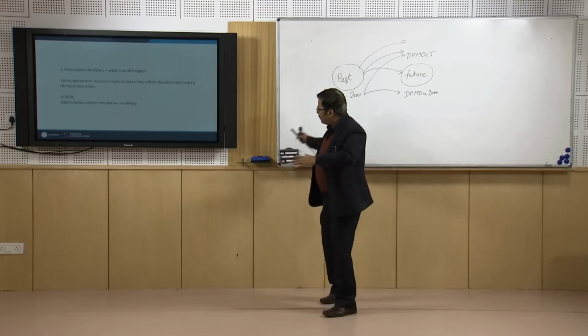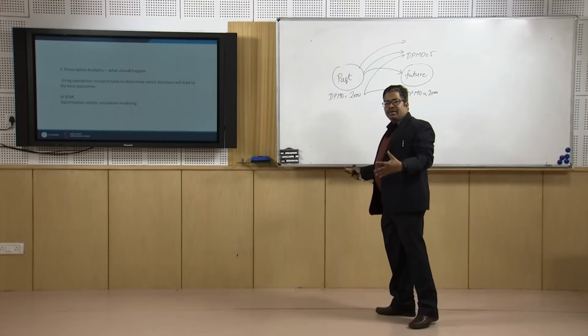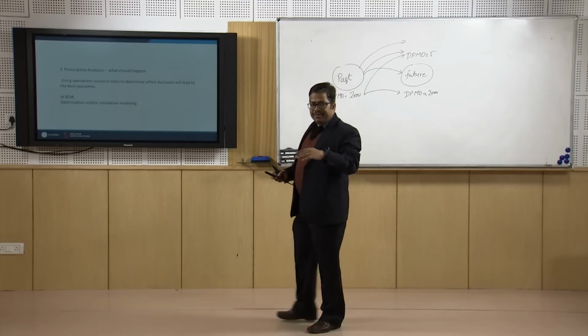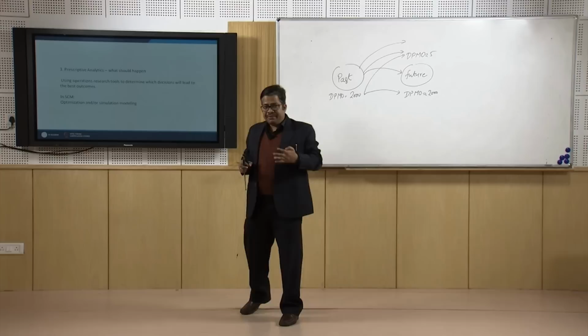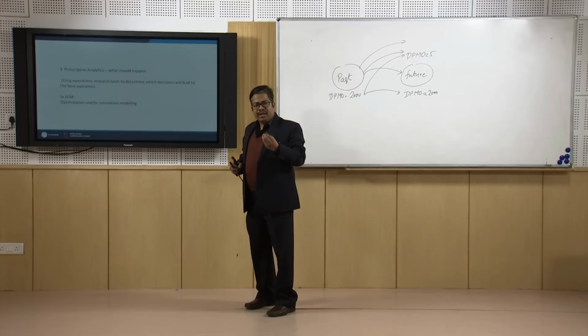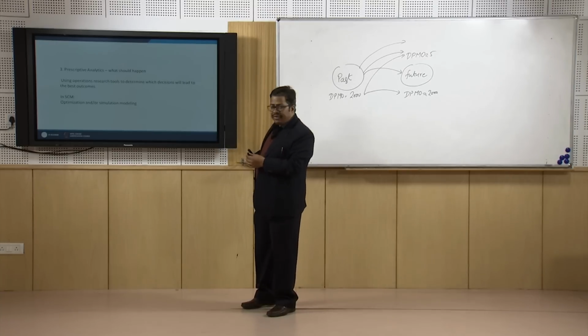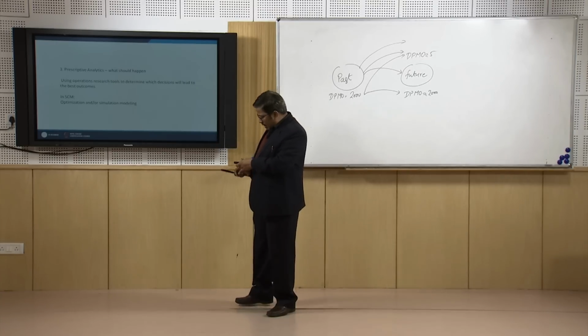So, these are 3 forms of our analytics: descriptive, predictive and prescriptive, and we have also understood in which particular situation, means what are the different characteristics of these 3 types of analytics approaches.